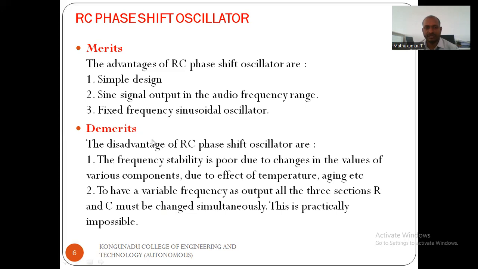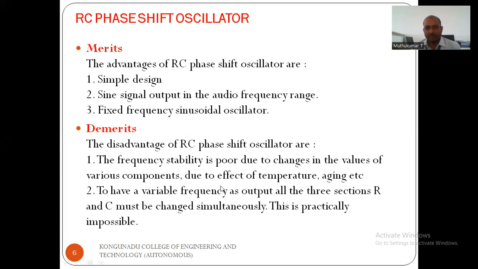Next, the demerits of the RC phase shift oscillator. The frequency stability is poor due to changes in the values of various components due to the effect of temperature, aging, etc. The temperature and the aging factor affect the frequency stability.